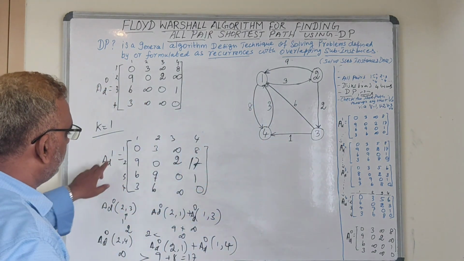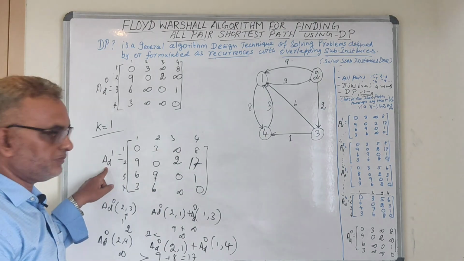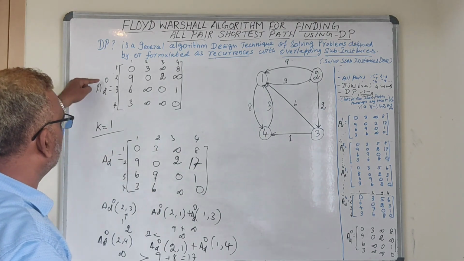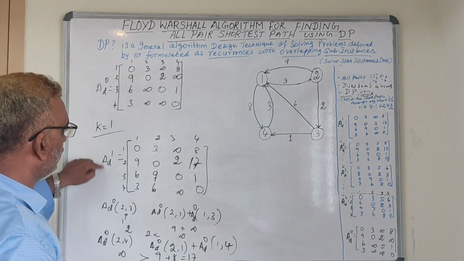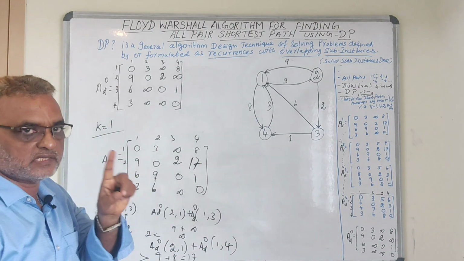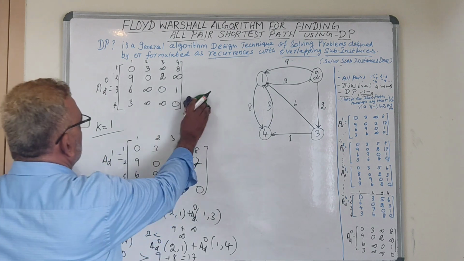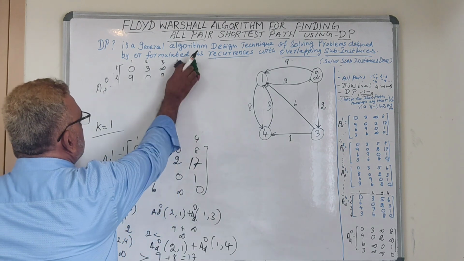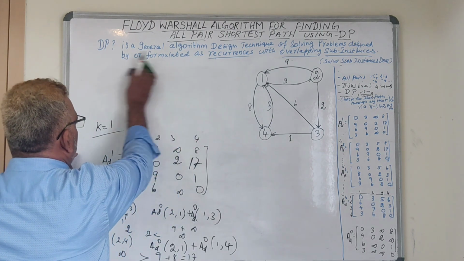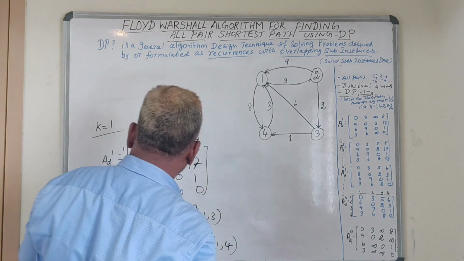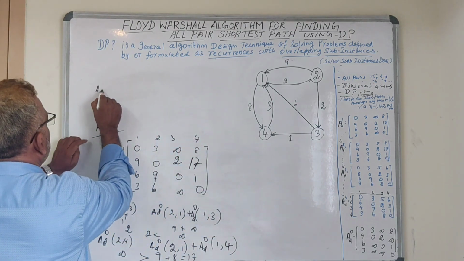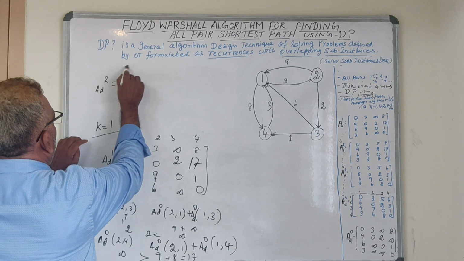So what we actually got is this adjacency matrix, that is A1. From AD0 we got AD1, keeping vertex 1 as the intermediate, the pivot vertex. Okay, so now from this AD1 I am going to calculate AD2, the adjacency matrix 2.